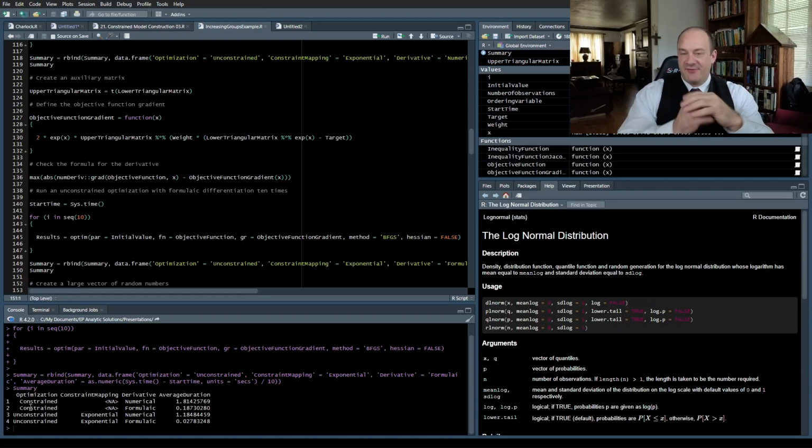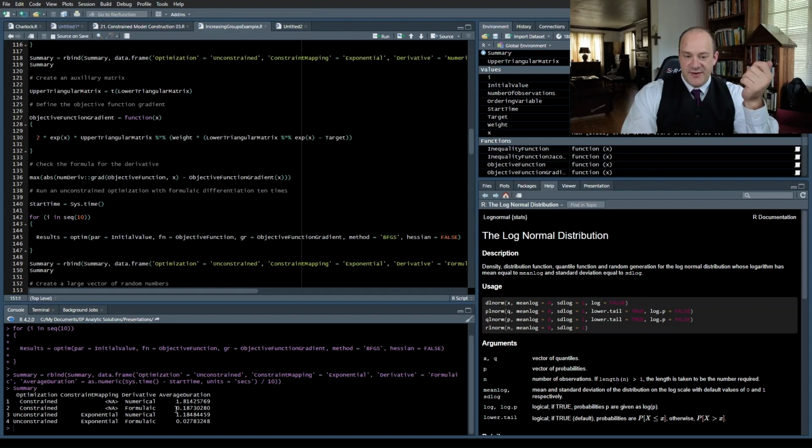So we've done two things, right? We've transformed our constrained optimization problem to an unconstrained optimization problem, and we have also provided it with a formulaic derivative instead of relying on numeric differentiation. Now look at the benefit here. The original problem, no formulaic derivatives, numeric differentiation, constrained setup, took 1.8 seconds to solve.